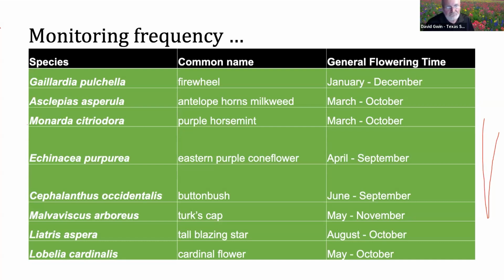Because it blooms most during the summer months when you will be away and not be able to observe data. So in that instance, you might want to try to select a different species that's going to be in bloom in your wildscape and much more easy to do while you're at home and in your teaching career. Just an example, probably not the best example, but it gives you an idea.